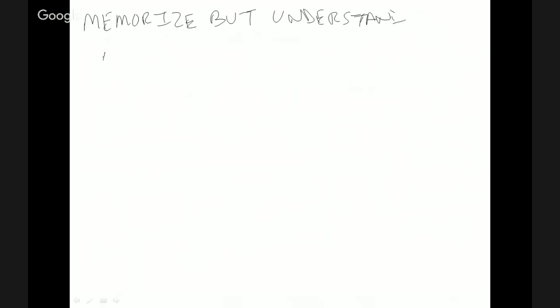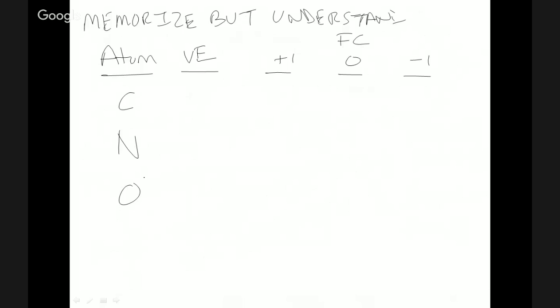Okay, so I'm going to give you a table here of atom, valence electrons, and then formal charge, and that's going to be +1, 0, or -1. So I'm going to give you the atom: carbon, nitrogen, and oxygen. And I'm going to go ahead and give you X to complete the table here.